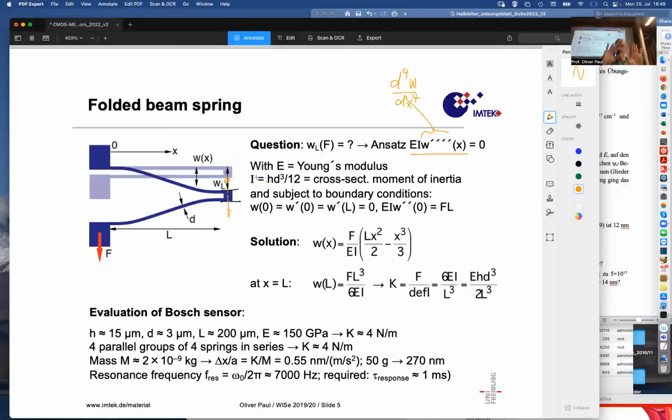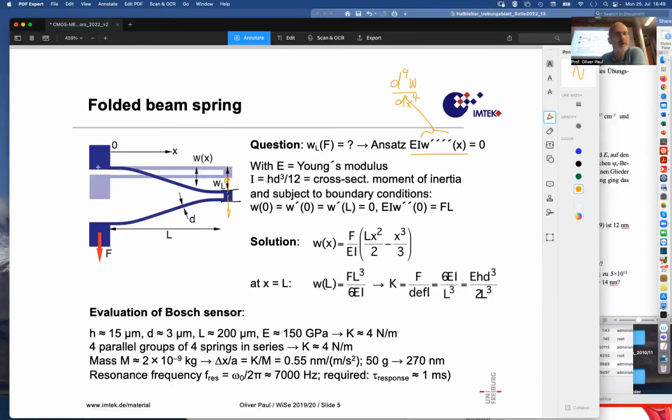So this is a structure that has a height, and this height is called H. And of course, the cross-sectional moment of inertia is proportional to this H. And so when I look at this equation, I also need some boundary conditions.